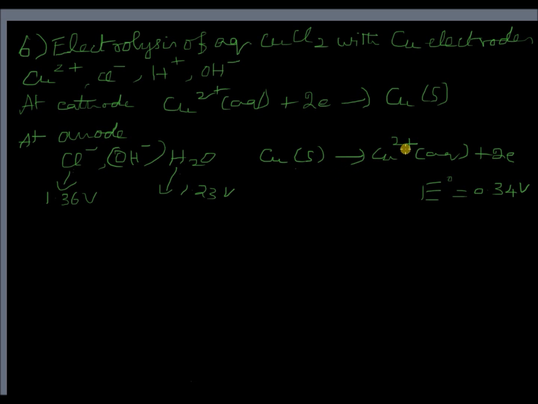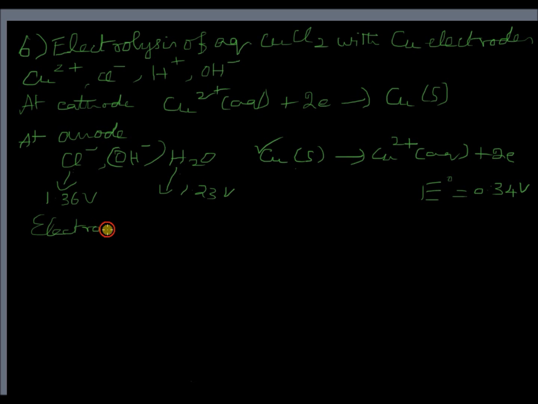Copper getting oxidized to form copper ions requires the lowest E naught value, and hence this should be the reaction at the anode. So the reaction at the cathode is copper ions taking up electrons to form copper atoms, and at the anode copper atoms from the electrode going into solution as copper ions. Do you remember the electrorefining of copper?